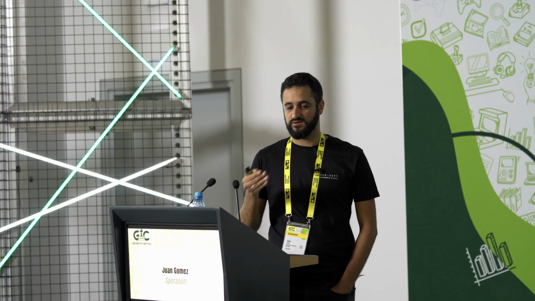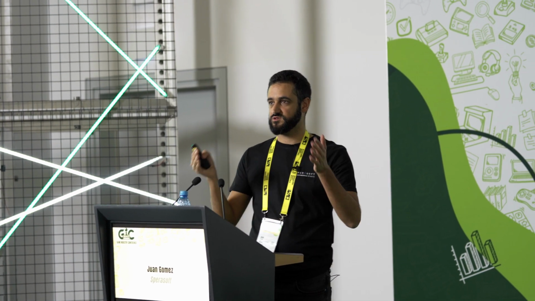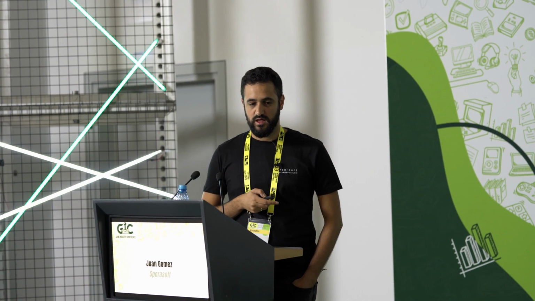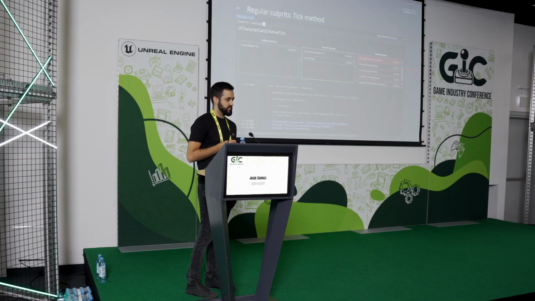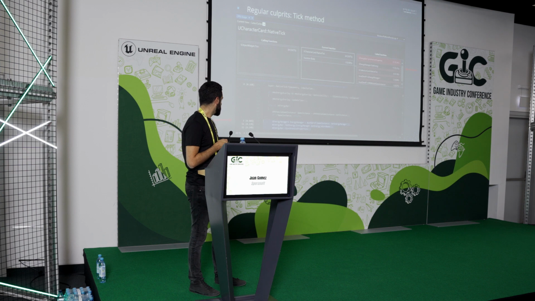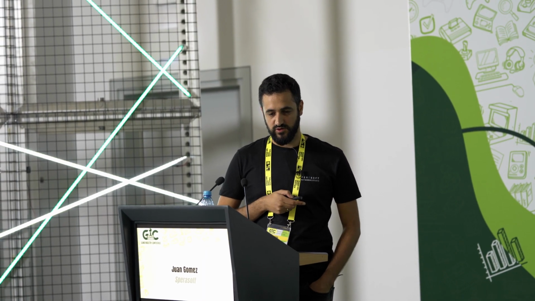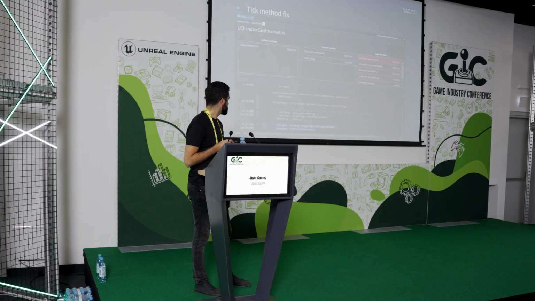So it was even being calculated for cases where the energy was already full. So there wasn't really anything to update or calculate there. So this may be anecdotal, but I hope you can apply it to your particular projects. Once you fix it, it went down to 0.14, I think 0.24, synchronized properties method.